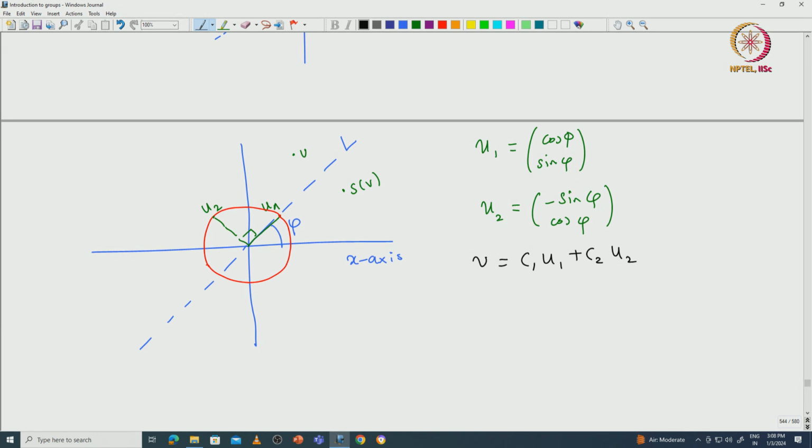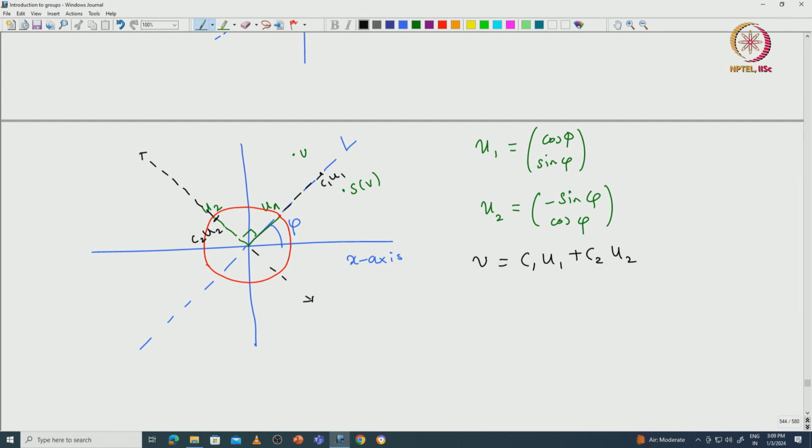In particular, if you project V on this, this is going to be your C1 U1, and similarly if you extend this line and project it on this, this is going to be your C2 U2.